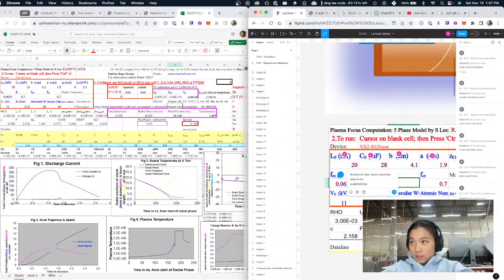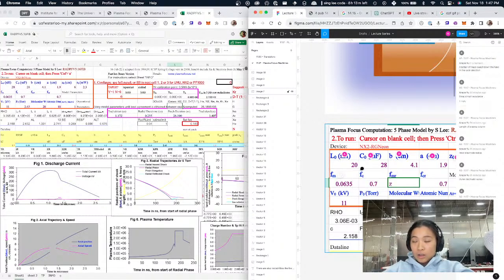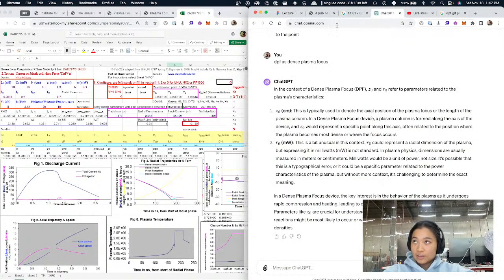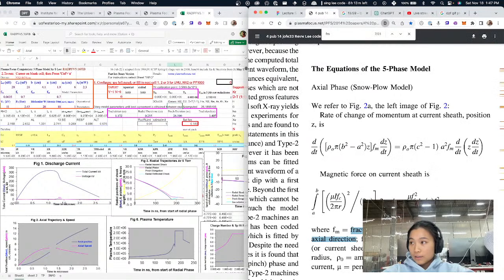I can imagine this is for when you are pushing electrical current and electrical force through in the axial direction. This is how much of 100 is actually pushed along. And then the C, okay, now we know that F stands for fraction. This is a good thing. I see fraction of current, yes, flowing in the piston or current.